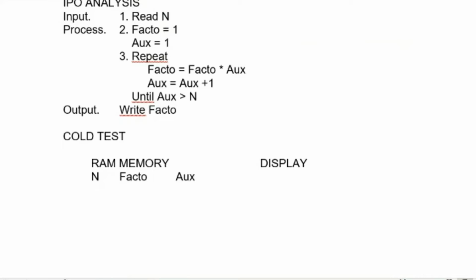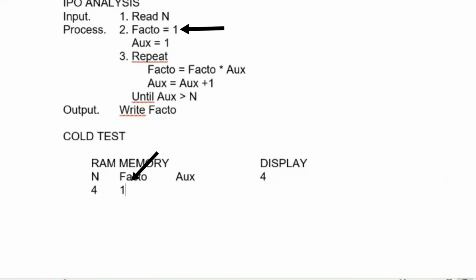Okay? Step number 1, read n. Then suppose you read 4. So the number 4 will be here in the variable n.